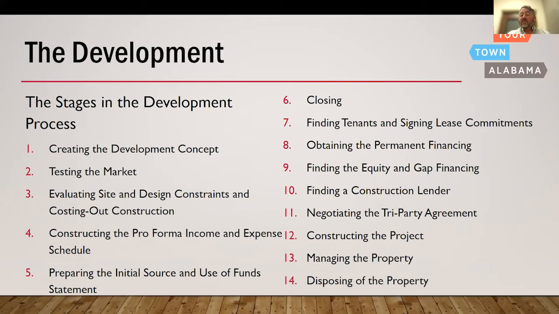But we're going to need control of the site, control of the property, or have that relationship with the owner to guarantee that control. And then we can move through the rest of the process about negotiating a tri-party agreement between the owner, the contractor, and the bank, and how the work comes together, and how do we construct the project, manage the project, and then once again at the very end, dispose.